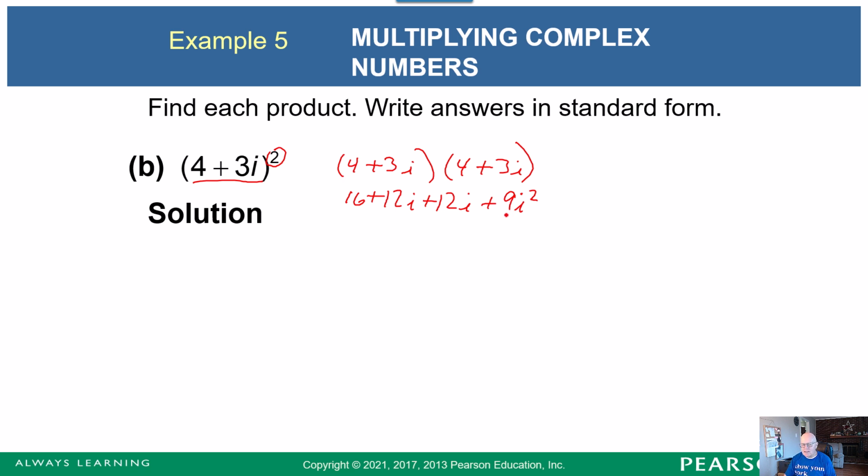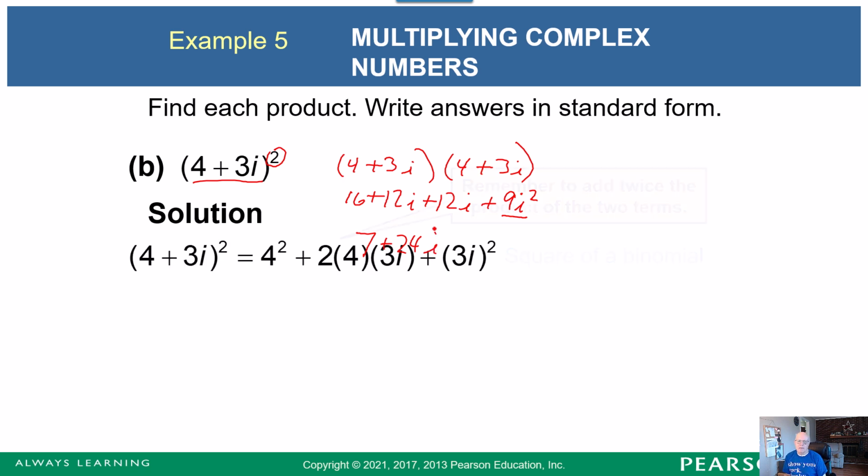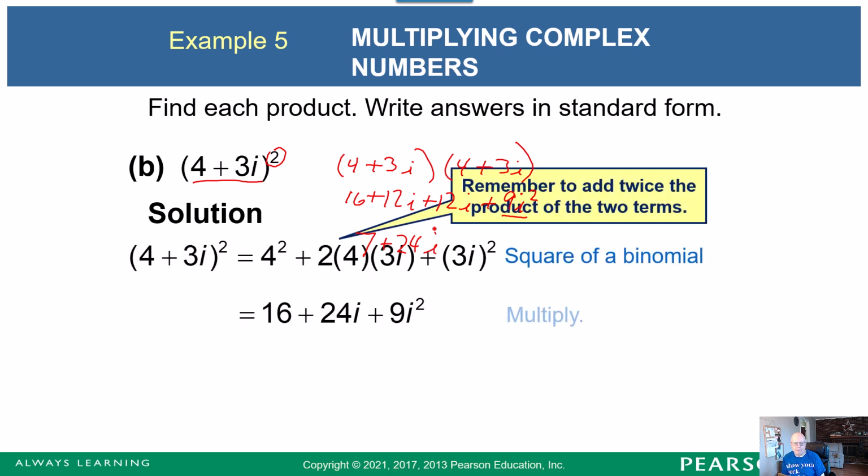So this actually becomes a negative 9, which can be added to the 16. 16 and a negative 9 give you what? A 7. And we can just add these two together and get 24i. And there's a shortcut way.